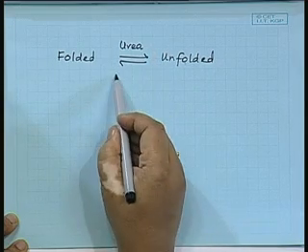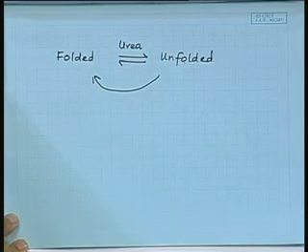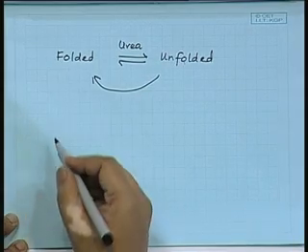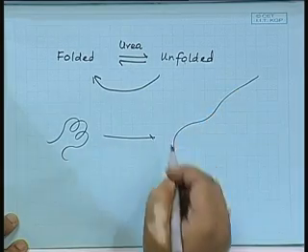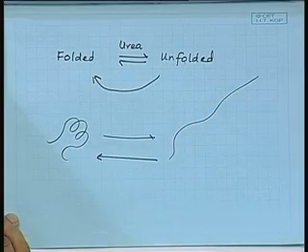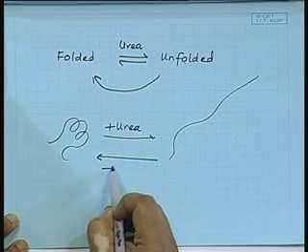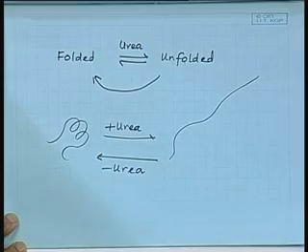What would you have to do? You would have to remove the urea if you want to get back here. And in some cases, you can reform the folded protein. So you are going from your native folded structure to an unfolded structure, and you can reform this back: plus urea, minus urea. You could form your folded structure back again.